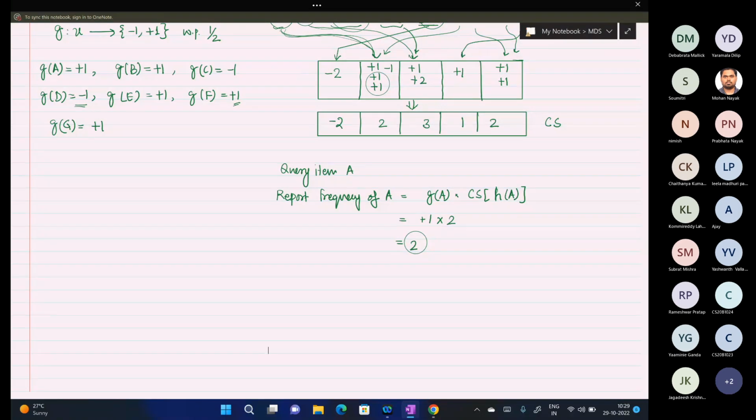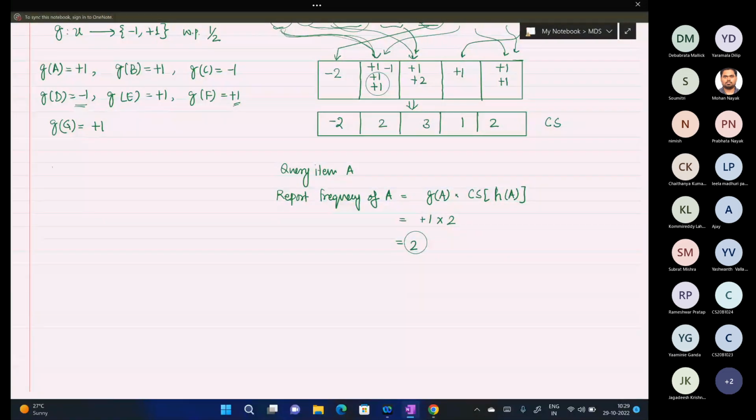This might impact our result also. Yes. You can think of the functionality of G as if for each item it tosses a coin, and based on whether it is head or tail, it assigns the value either +1 or -1. And it can be implemented using universal hash functions.